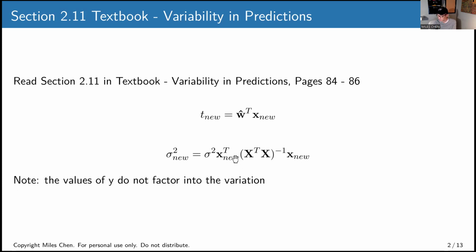This is a little bit strange, but you take the entire X matrix, compute X transpose X and invert that, multiply by your new observation, and multiply by the population variance. This factors in the variation for your new predictions.